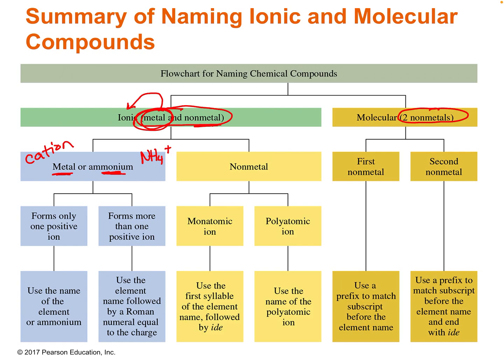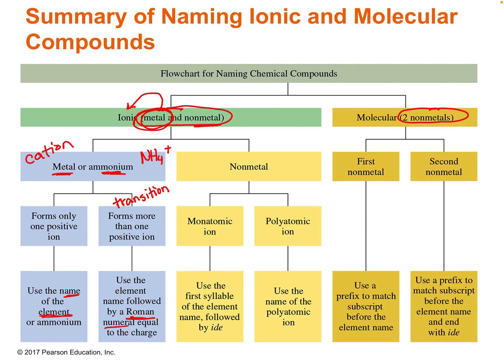So if our metal only forms 1 positive ion, then you're just going to use the name of the element, like calcium or aluminum. If it can form more than 1 ion, and that would be our transition metals, then you're going to use a Roman numeral to tell us what the charge is. Is it copper 1 or is it copper 2, right?